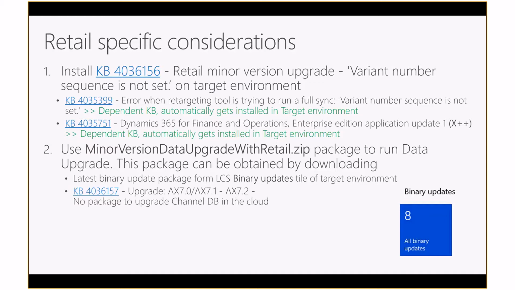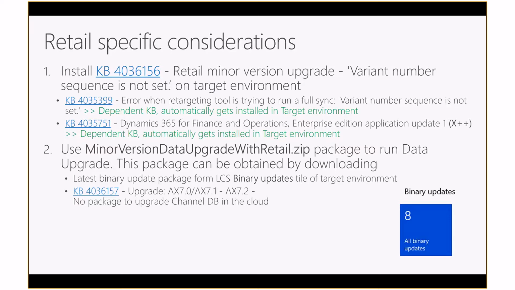One is to the 4035399, which is a similar error, but the error is triggered from a different class, and you would run into this error when you use in the last step of the upgrade of a multi-box, for example, the retargeting tool, or also called the reprovisioning tool, to update the retail connection strings.